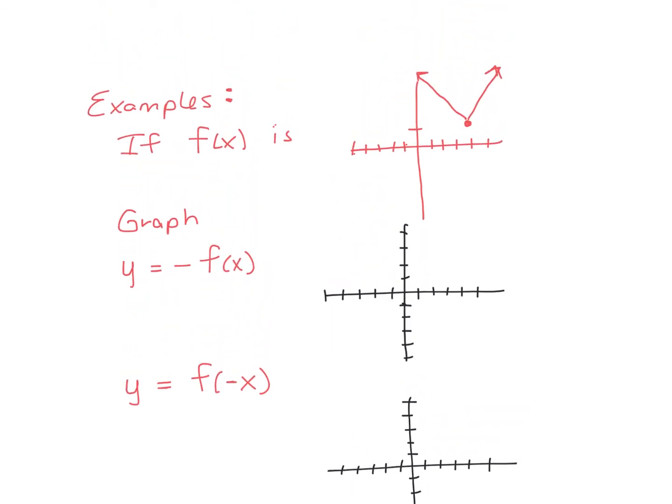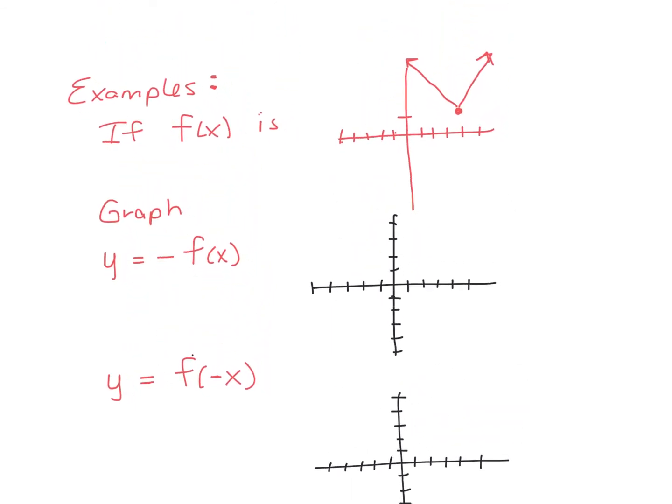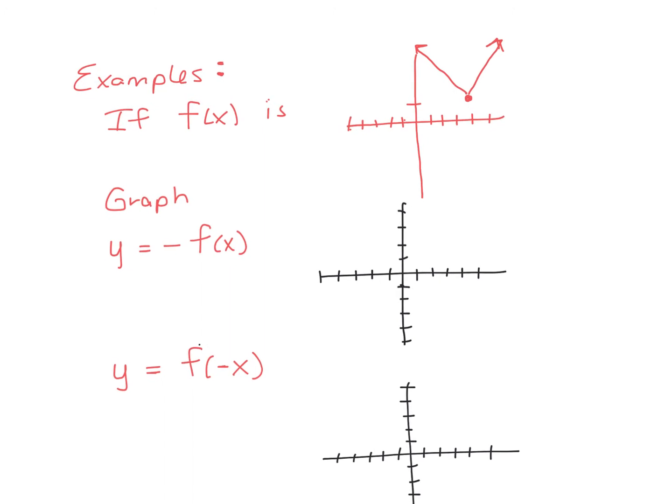Now, a couple examples. So if I give you a function, this one is a V, it's an absolute value graph. Looks like the vertex is at the point (4, 1) approximately. And then I ask you to graph y equals -f of x. That -f of x, multiplying by a negative, remember, is going to reflect this.